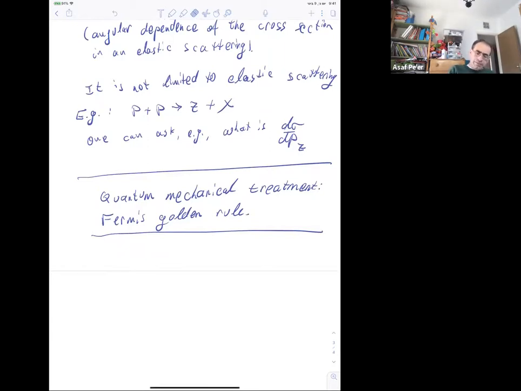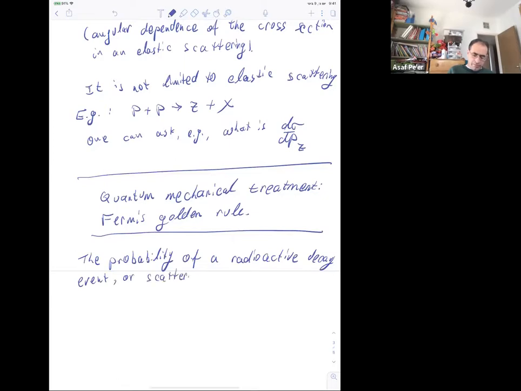The probability of a radioactive decay event or scattering event was first derived by Enrico Fermi, and is called Fermi's golden rule.